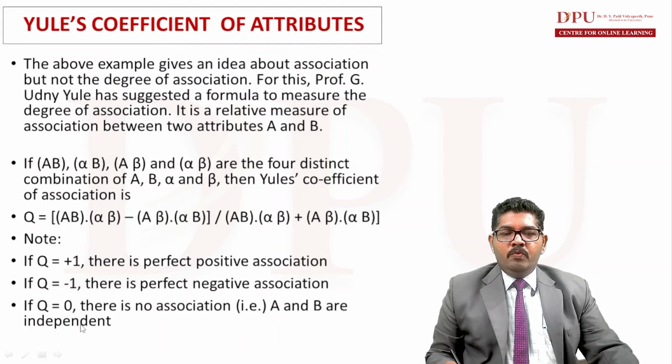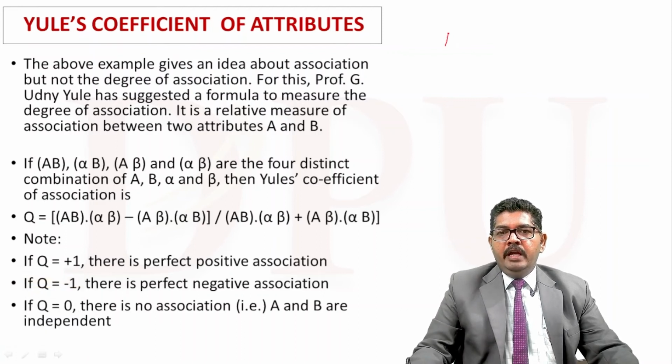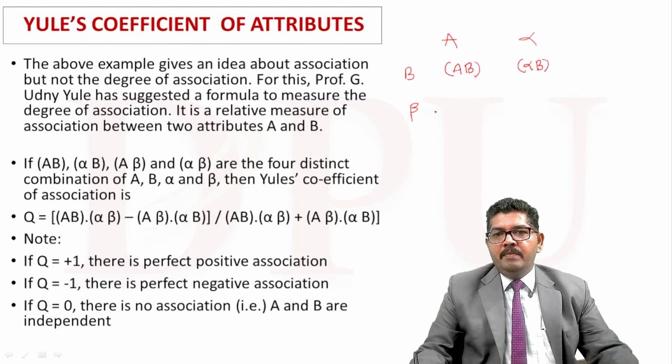So let me draw the table once again for you. A is the presence of attribute A, alpha is the absence of attribute A, B is the presence of attribute B, beta is the absence of attribute B. So what do we write here? We write class frequency AB, then alpha B, then A beta, then alpha beta.